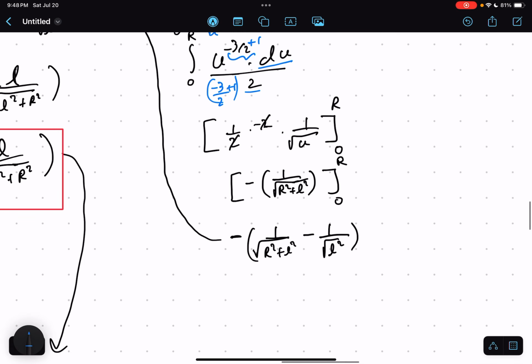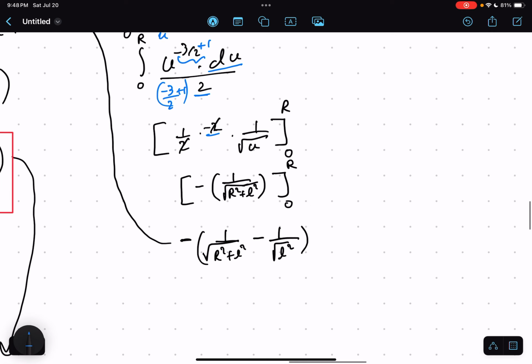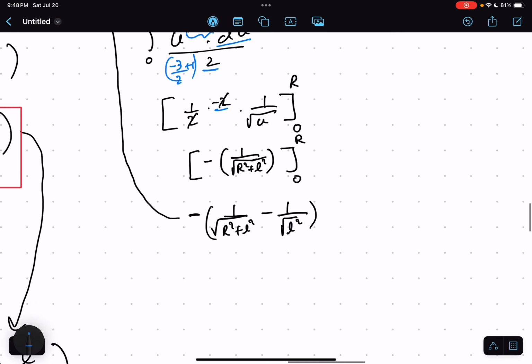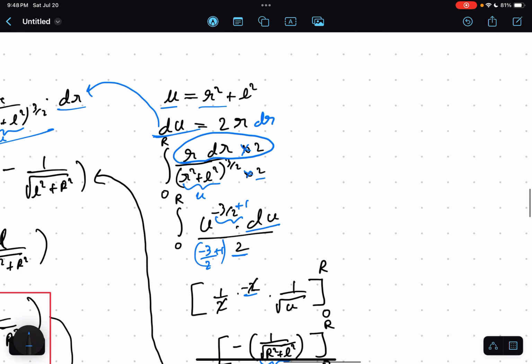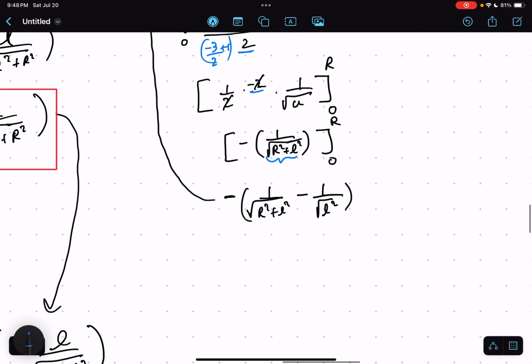So once you do that, you're gonna end up with 1 by 2, which is basically this 2, multiplied by negative 2, and multiply that by 1 by root u. And as you can see, I have substituted my u here, as u is equal to r square plus l square. I have put that equation back here.